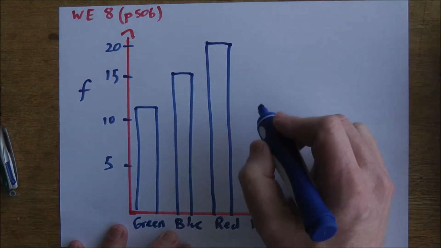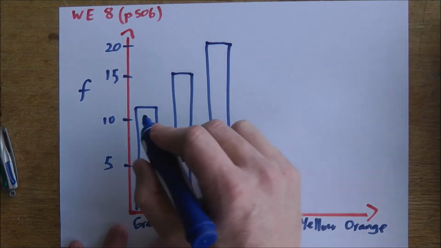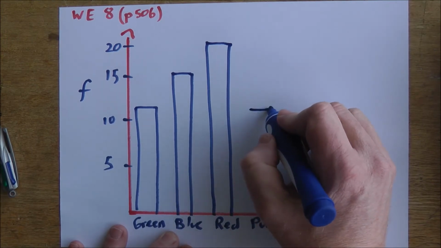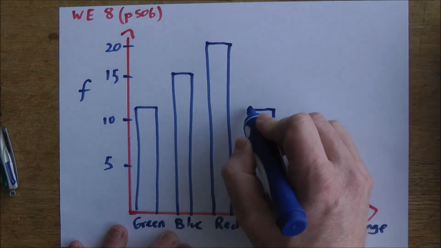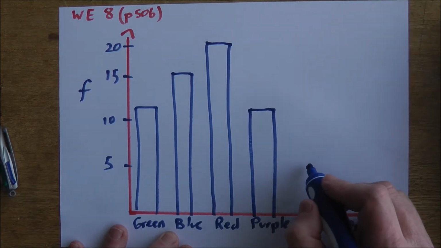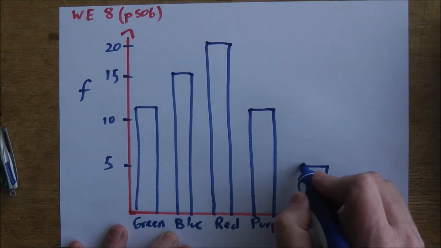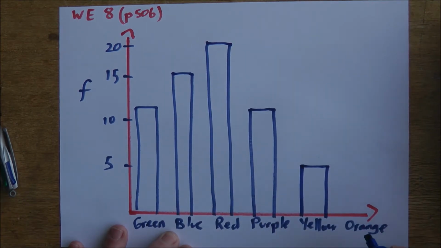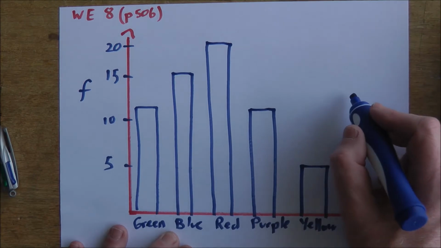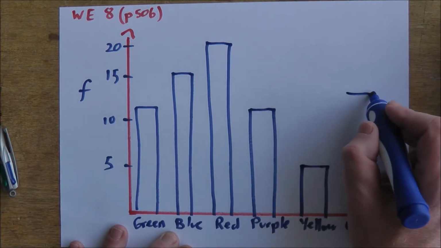Purple was 11, which would be, so less than 12, but more than 10. So it's about there. Yellow was 5. And orange was 13. So a bit more than my 12. About there.